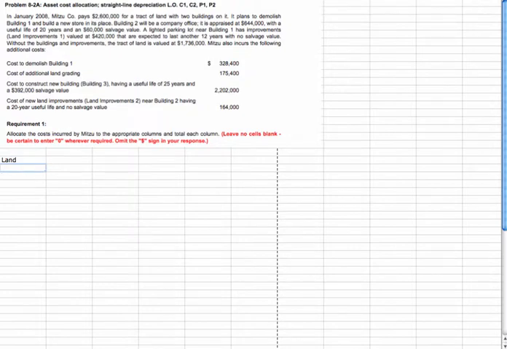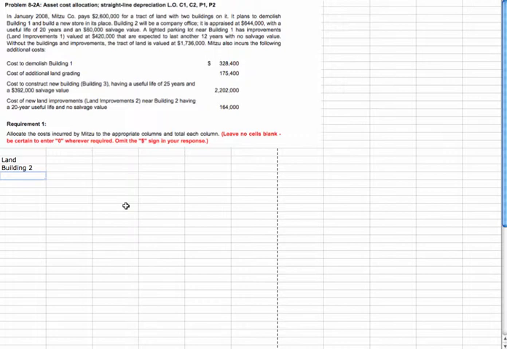Building 1 is going to be demolished, so building 1 is actually part of the cost of the land, because the whole intent was to knock it down so we can build something else on top of it. So building 1 has no cost. Building 2 needs to be included because we're going to use it for normal operations as an office.